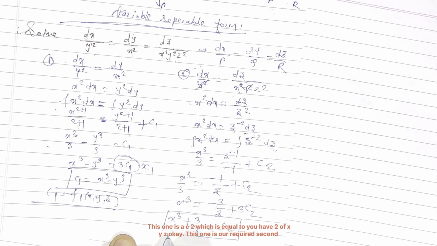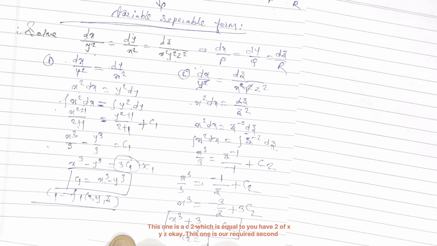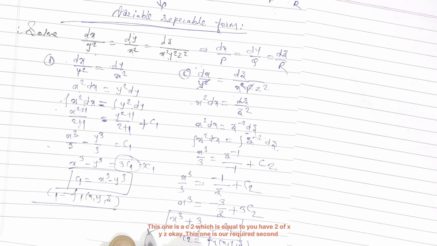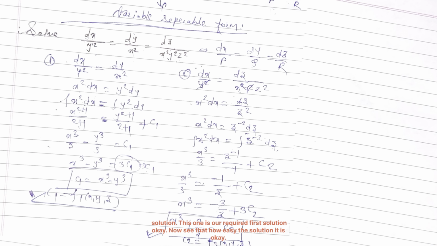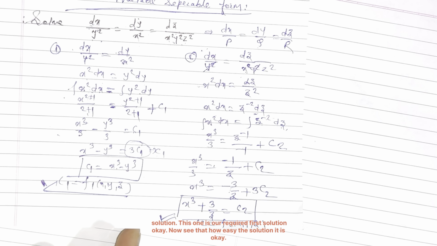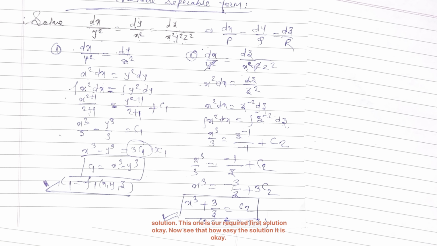This c2 is equal to f2 of x, y, z. This one is our required second solution, and this one is our required first solution.